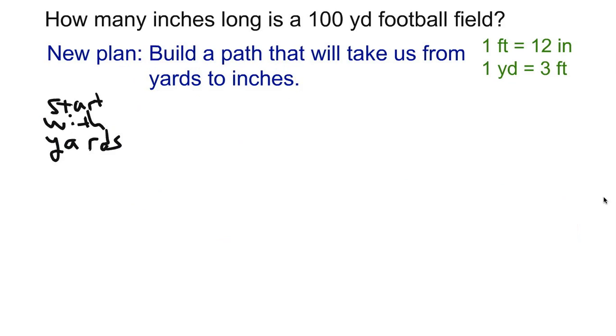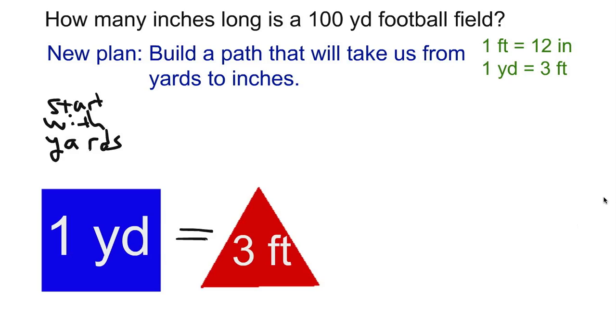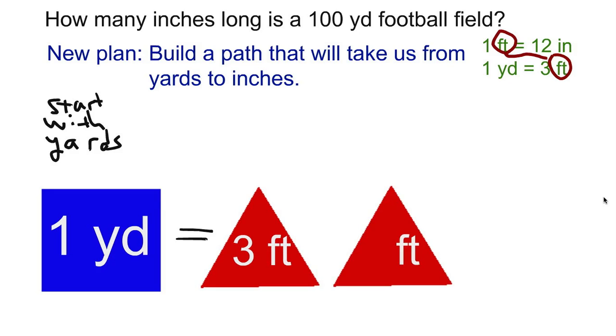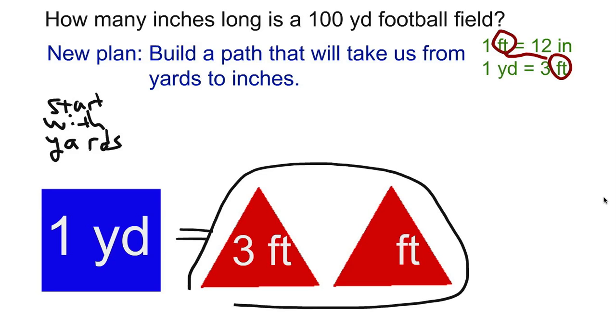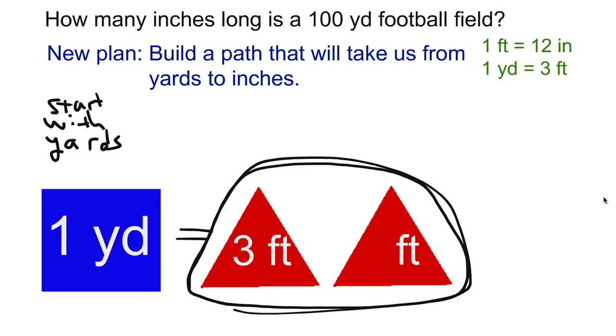We're going to start with yards, because that's what we know. Now, 1 yard equals 3 feet. We know that this is given to us. Now, feet connects with feet. Therefore, I'm going to draw the connection made by the feet. Now, we also know that 1 foot equals 12 inches.